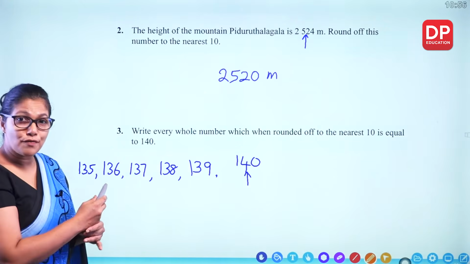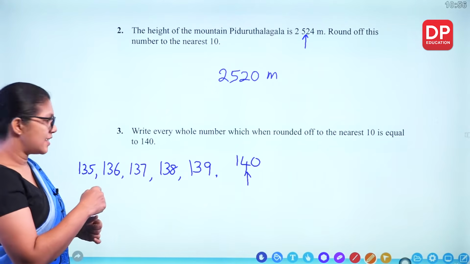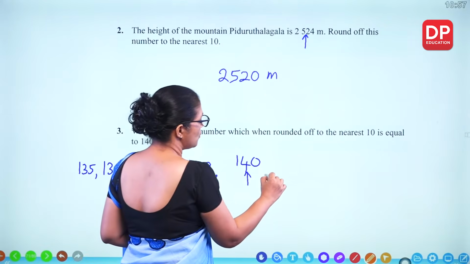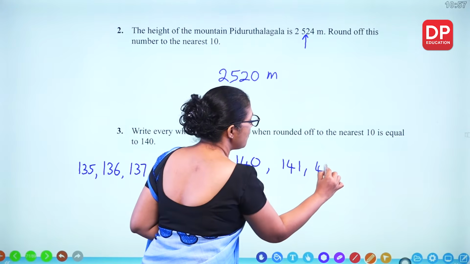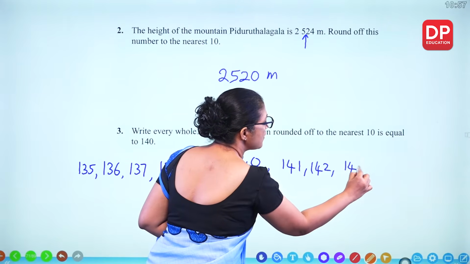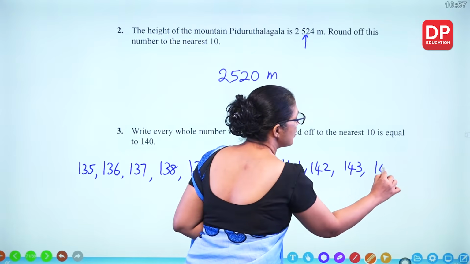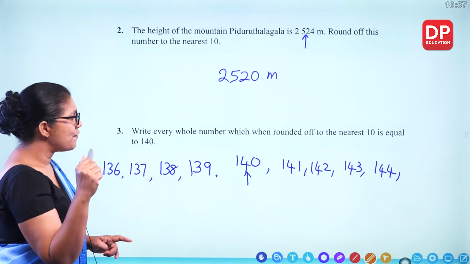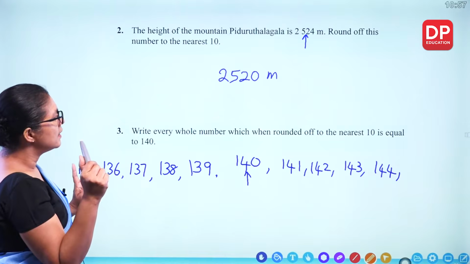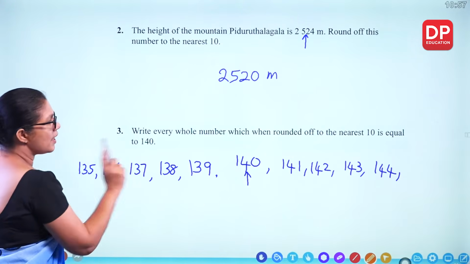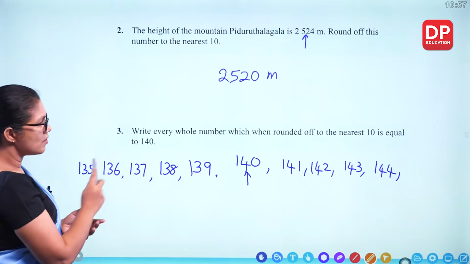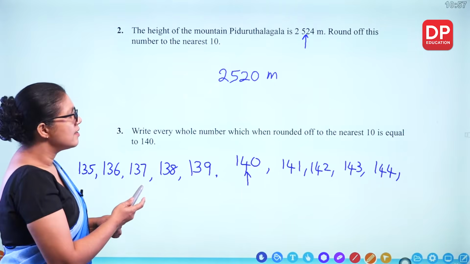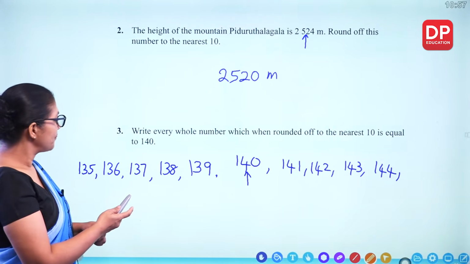Can we take 134? Then this becomes 130. But on the other side, the numbers cannot exceed 5. So 141, 142, 143 and 144. Can we take 145? Then it becomes 150. So what are the whole numbers you can take? You can take all these whole numbers, and when you round all these to the nearest 10, you get 140.